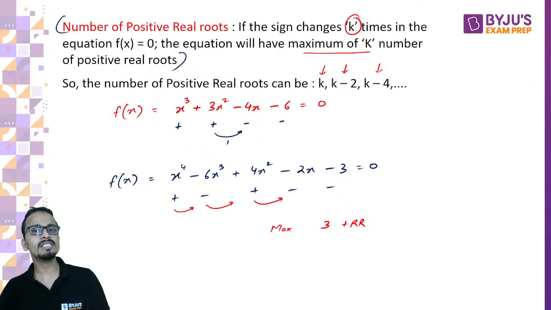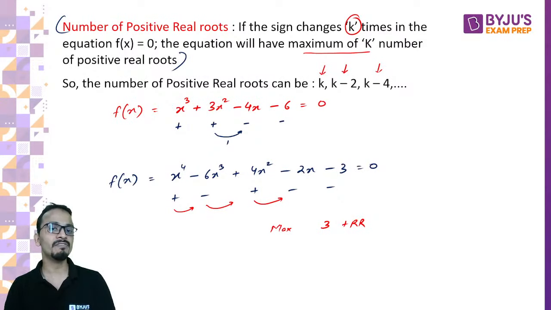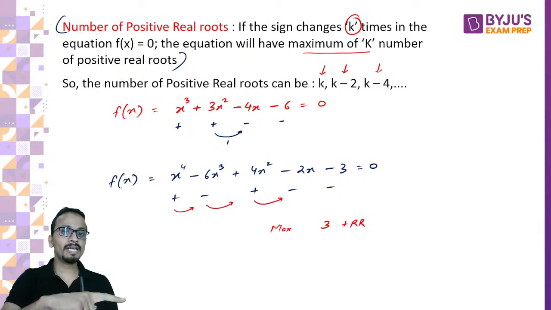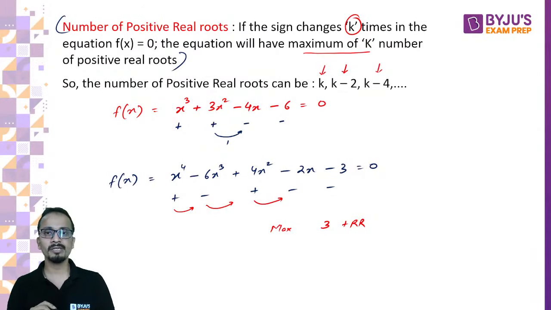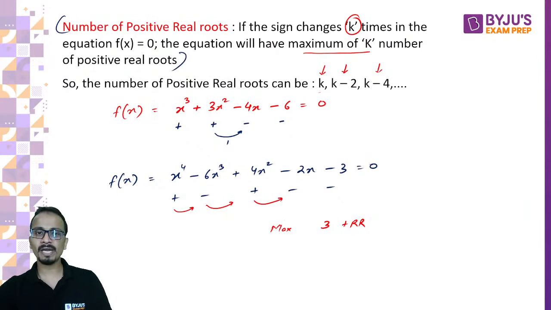So it will always decrease by an even number. You may cite the reason for that: since complex roots always occur in pairs, तो यहां से अगर कम होगा तो वो complex root में ही जाएगा. So they will decrease by 2.